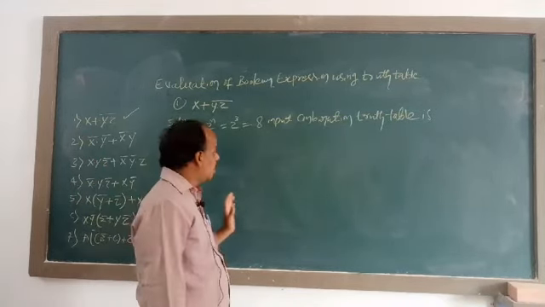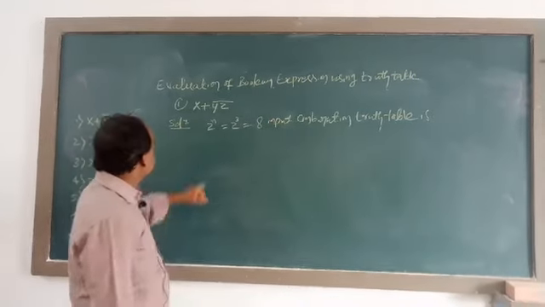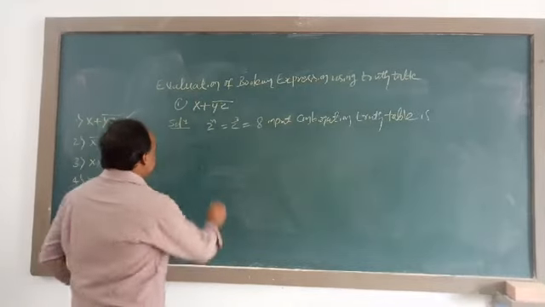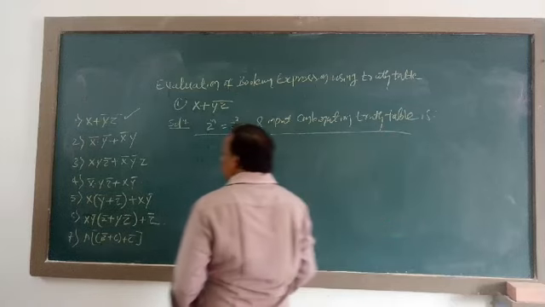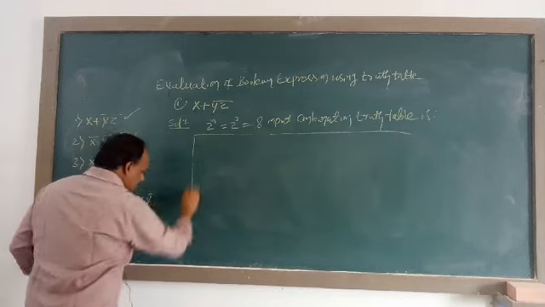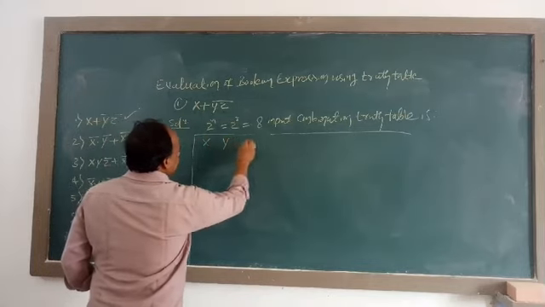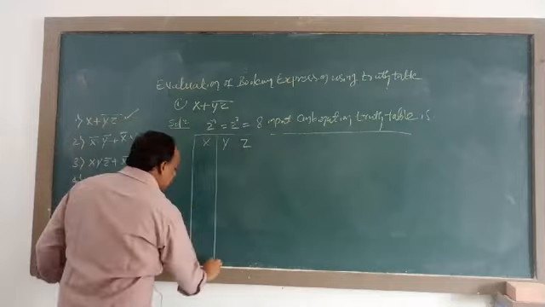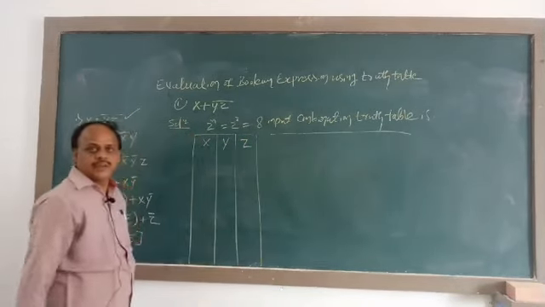Now let us see how to draw a truth table with 8 combinations. Now see here, 3 variables are there, x, y, z. These are the 3 given variables.